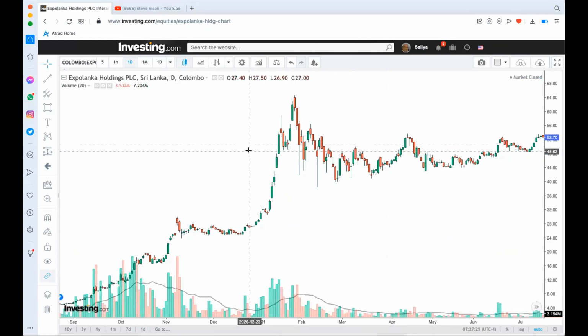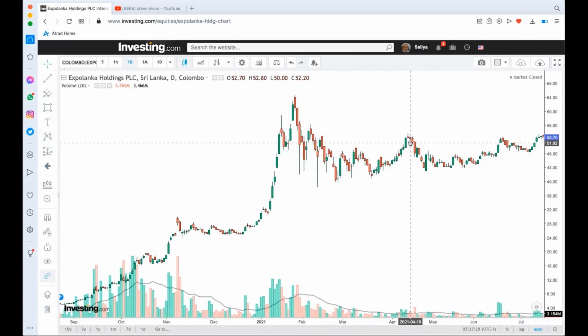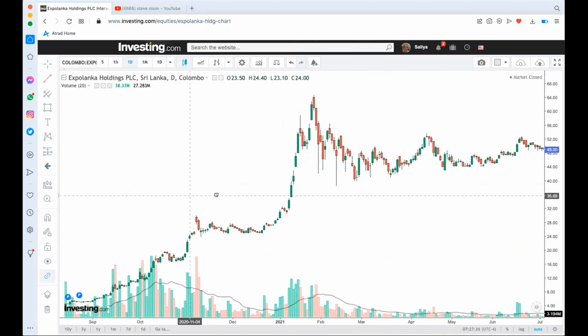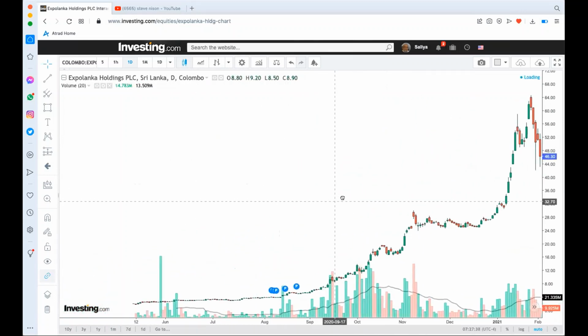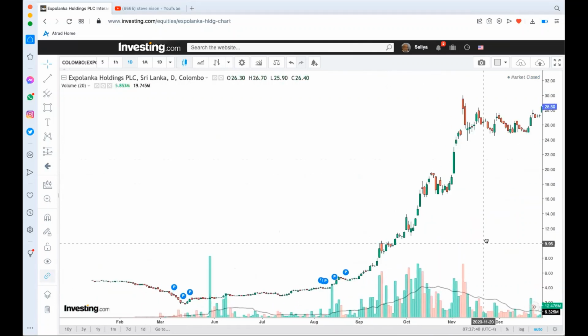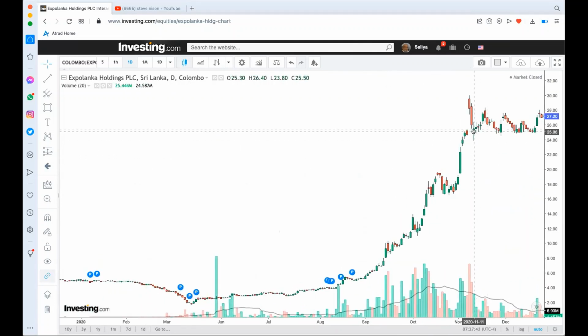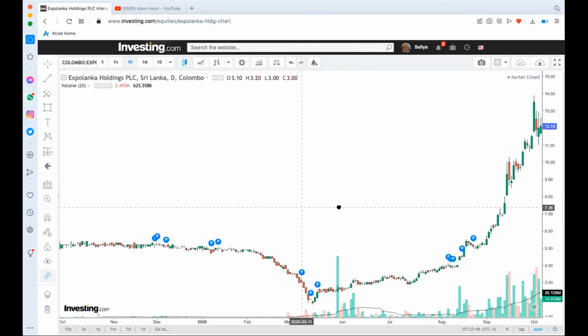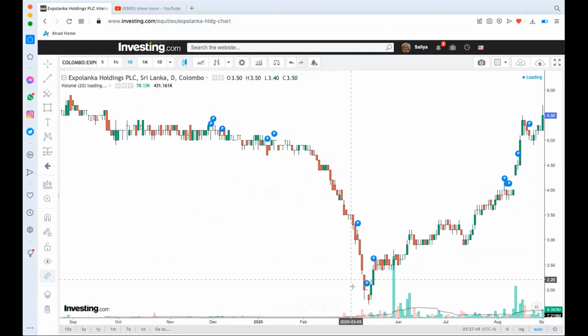Let's just shop around and see. Okay, this one is a hanging man, right? This can be termed as a hanging man, whereas this could be a hammer. And let's go down to see. This is a hammer.